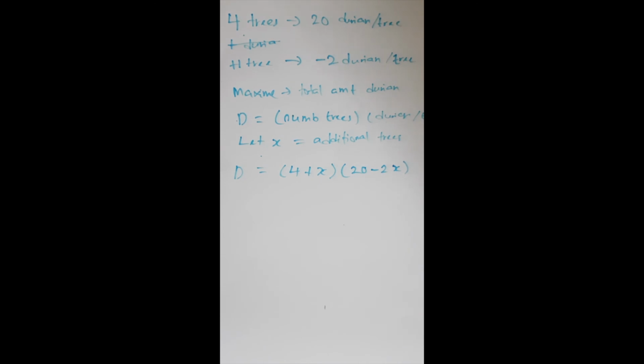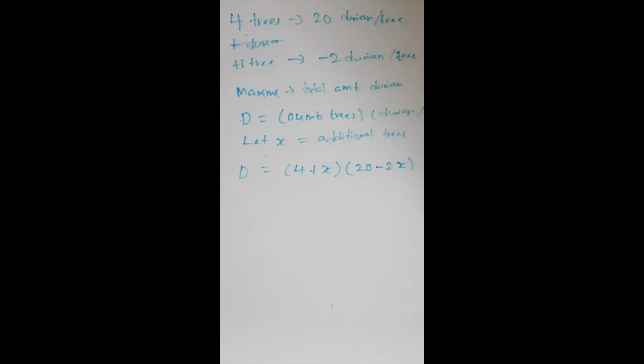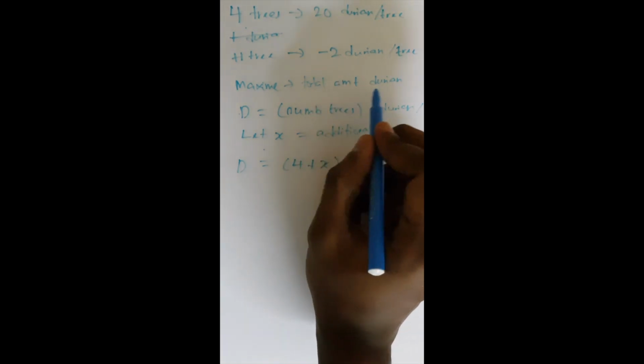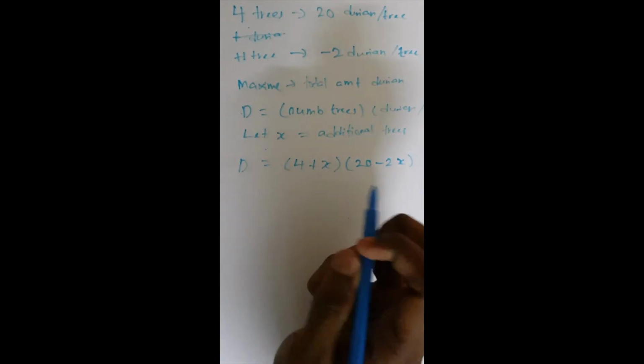So this is the equation to calculate the total amount of durian. We're going to use this equation to optimize, because we want to optimize the total amount of durian.